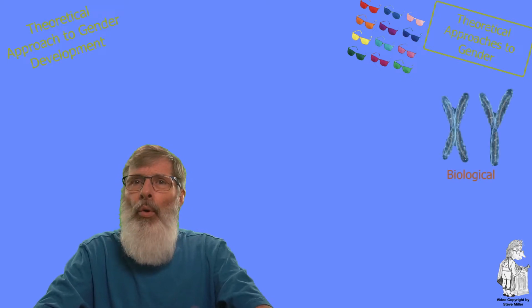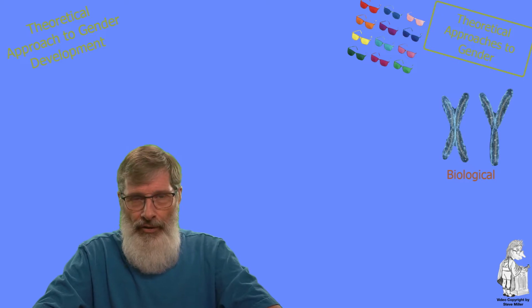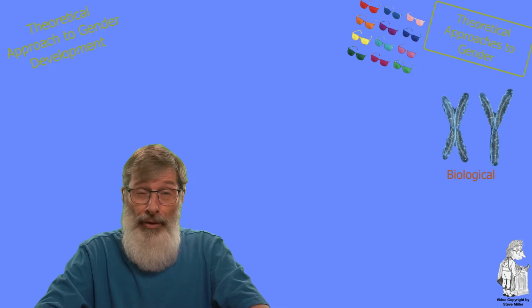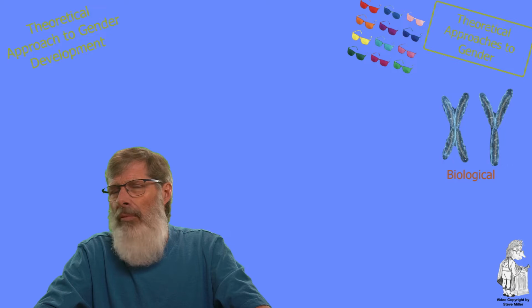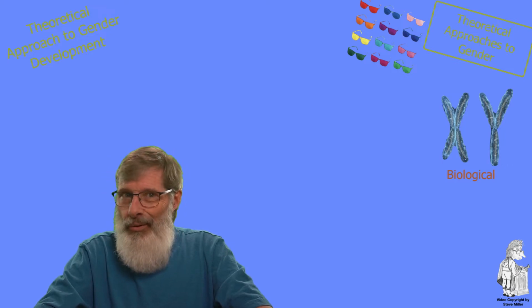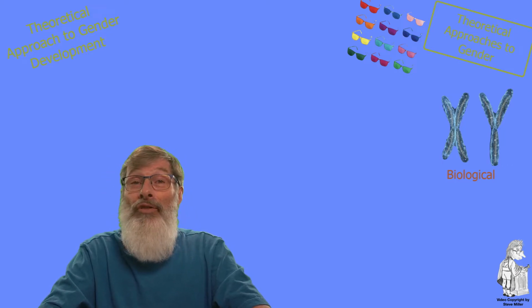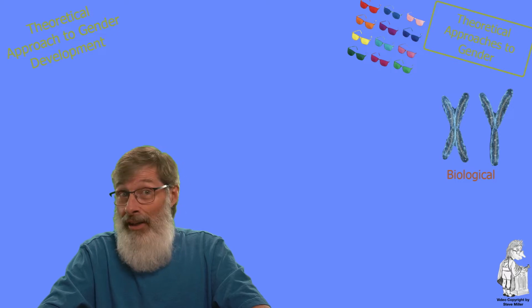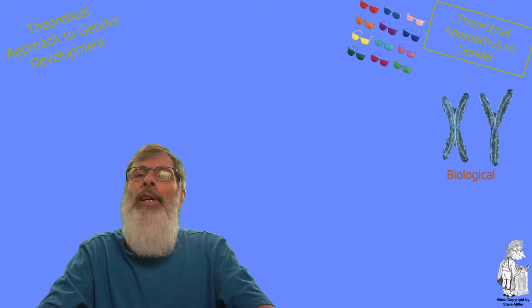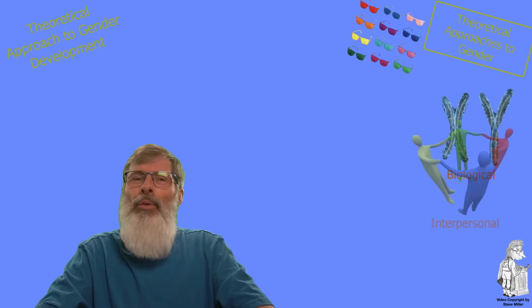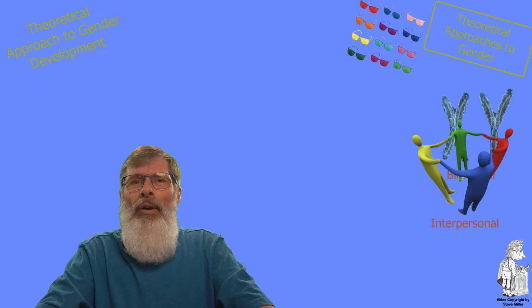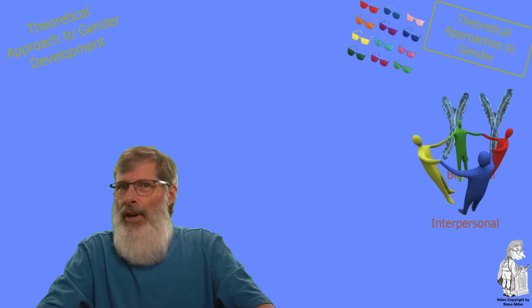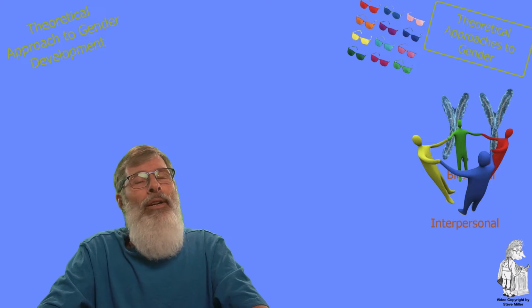Now we're going to explore 4 types of gender theories. We're going to look at the biological theories. They include the research that's done on sex chromosomes, hormones, and brain structures, at what makes men men and women women. Interpersonal theories look at interpersonal relationships and the development of the concepts of masculinity and femininity.